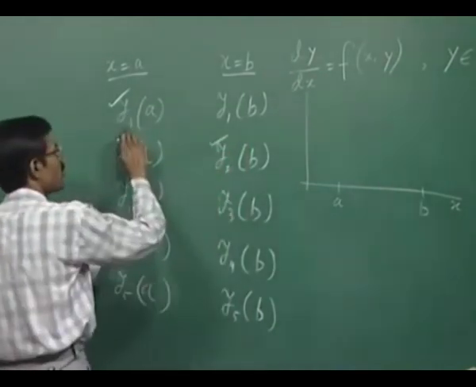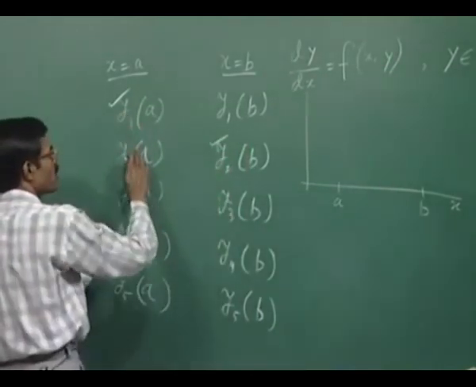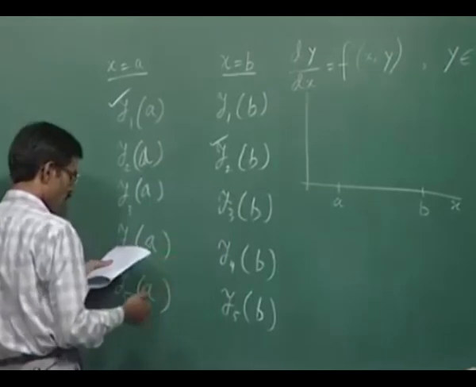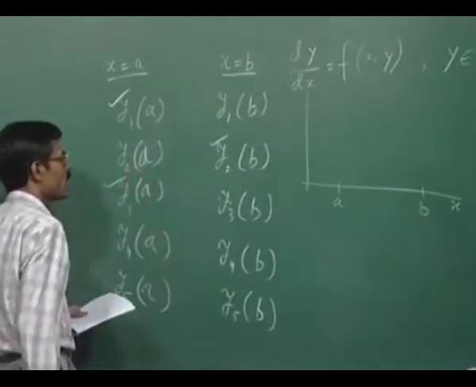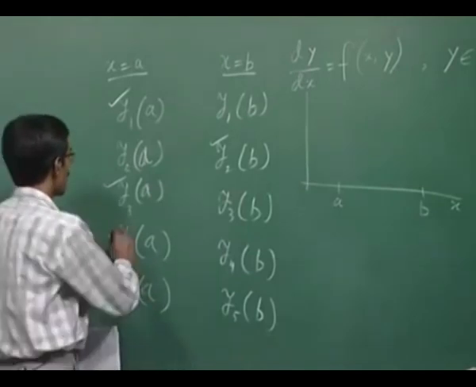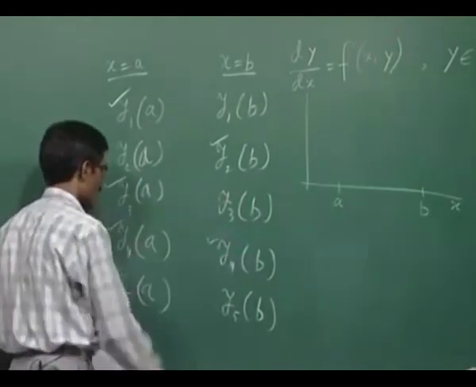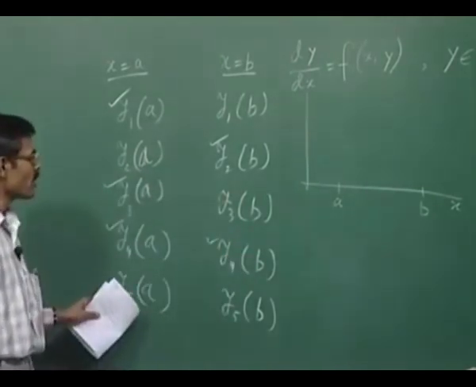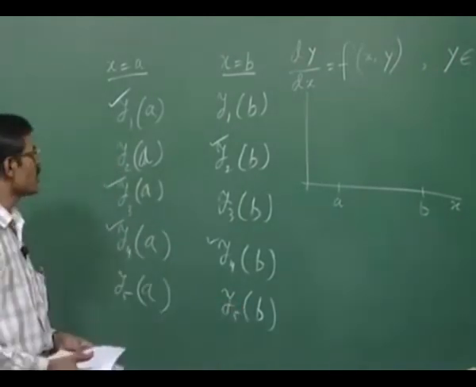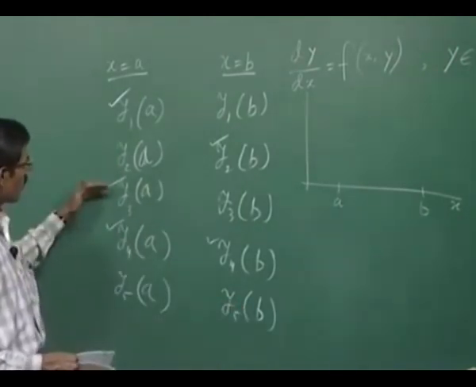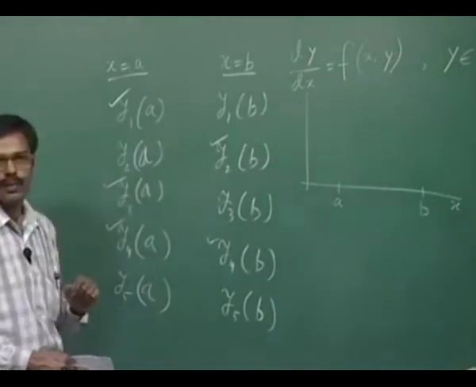That means the value of y1 is given at x equal to a, the value of y2 is given at x equal to b, then the value of y3 is given again at x equal to a, and the value of y4 is given at both ends, and the value of y5 is given neither at this end nor at that end. That is possible. So, a total of 5 conditions are given.